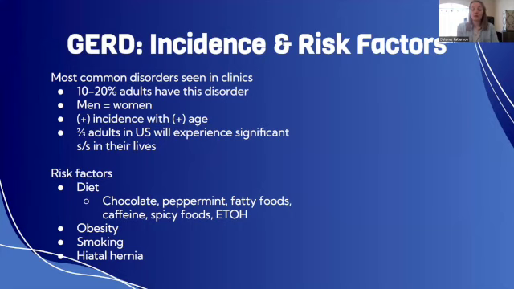Typically, older aged adults will have a higher incidence to develop the disorder, and about 2/3 of adults in the US will experience significant signs or symptoms within their lives. Some of the risk factors mainly fall into diet, so this can include chocolate, peppermint, fatty foods, or caffeine. Some other common risk factors include obesity, smoking, or having a hiatal hernia, which will be discussed later in the PowerPoint.